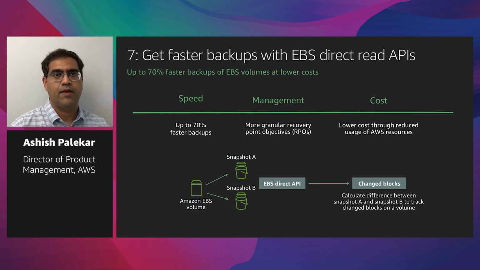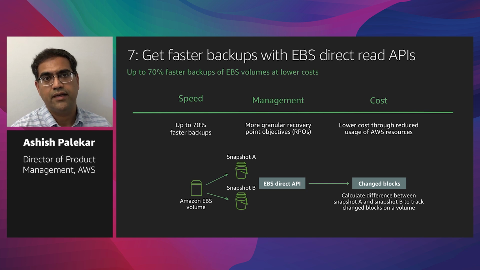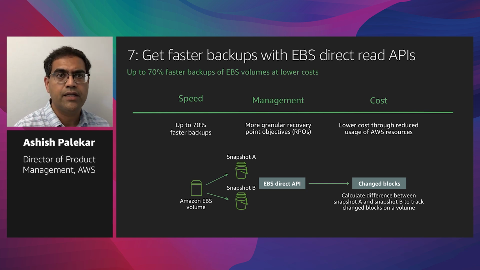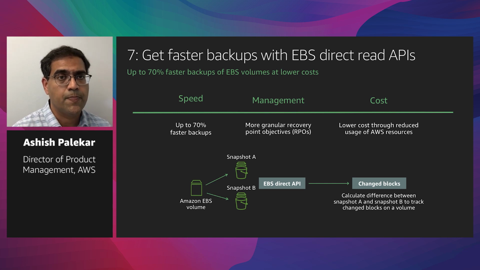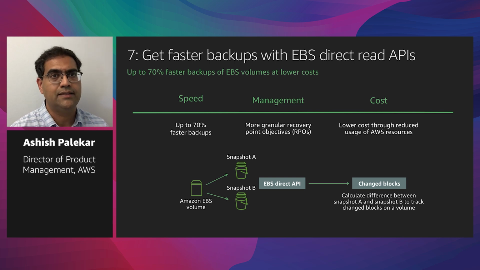Item number 7 in this capability is something net new. Up until re:Invent, one of the things that customers would do with snapshots is create EBS volumes, and that was the only way that you could access data from a snapshot.